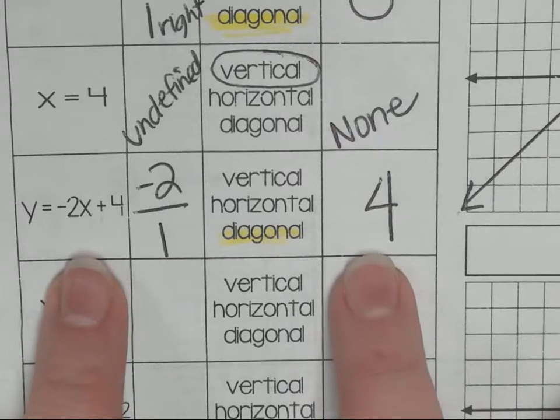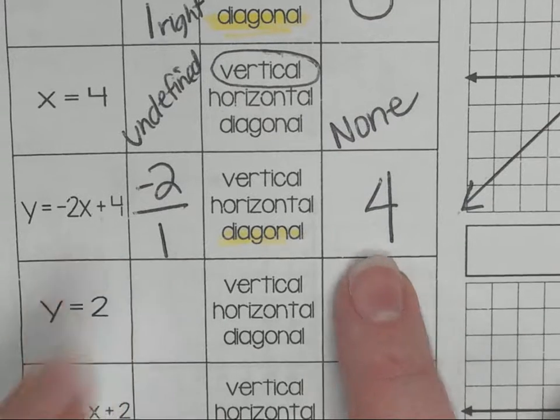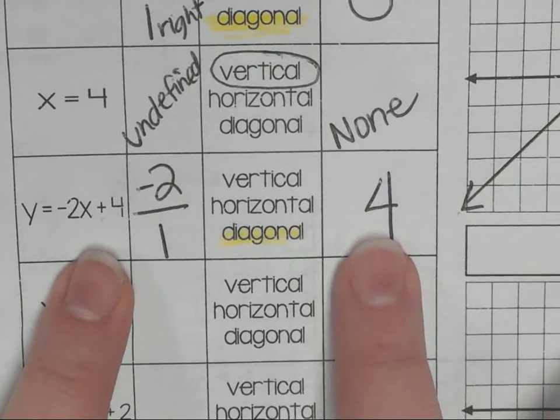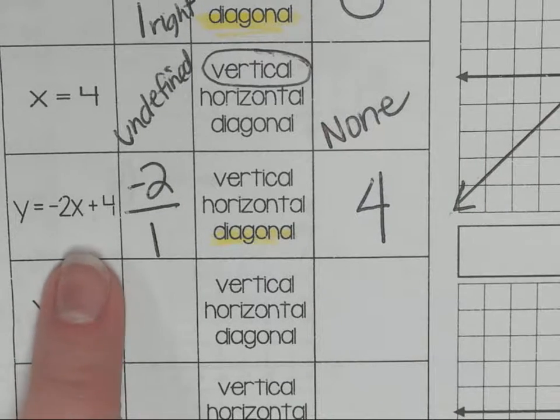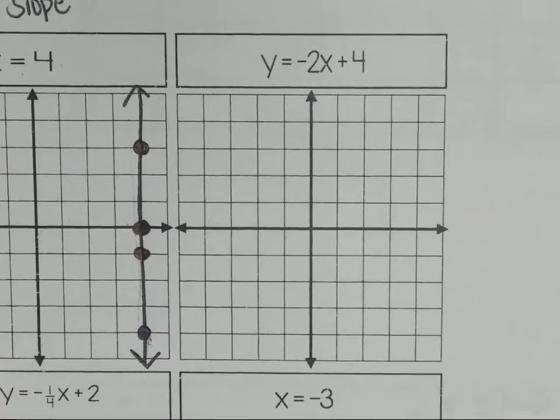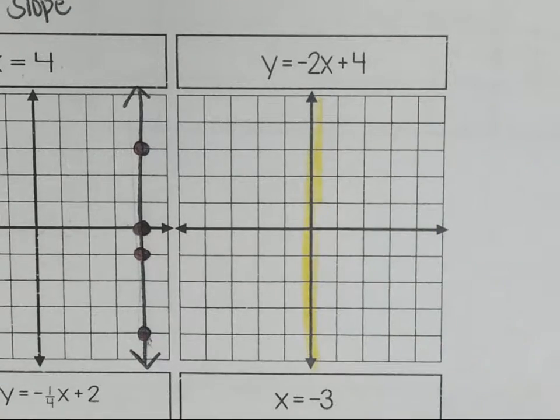What about the one below that? It's the same thing there, like -3. Okay, so let's go ahead and graph this one. What do we have to graph first? The 4. The 4 has to go on the y-axis.